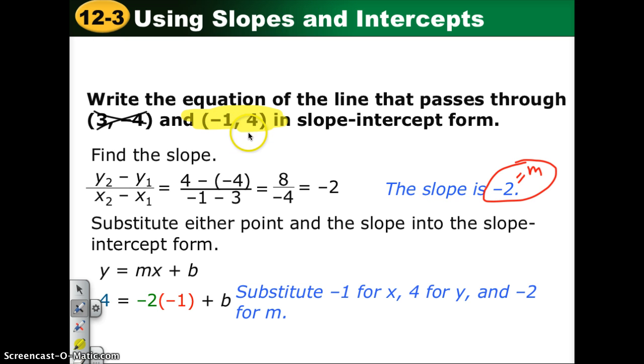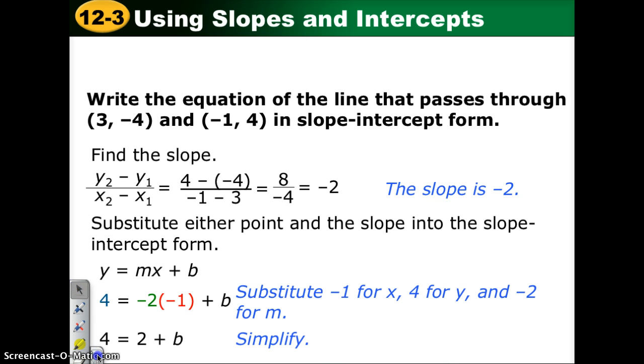So let's recap that. y is 4, m is negative 2 from over on the right, negative 1 is x. Now we do our multiplication of negative 2 times negative 1, we get positive 2. We're trying to figure out what b is. We can see that with common sense here. 2 plus 2 is 4, but if we weren't sure, we would just subtract 4 minus 2.